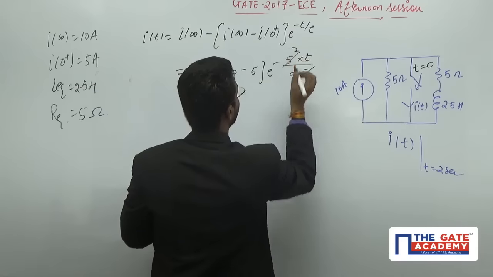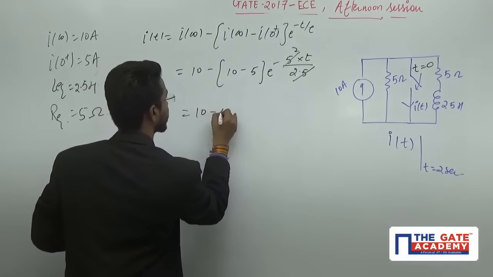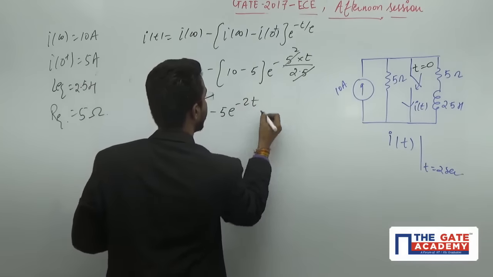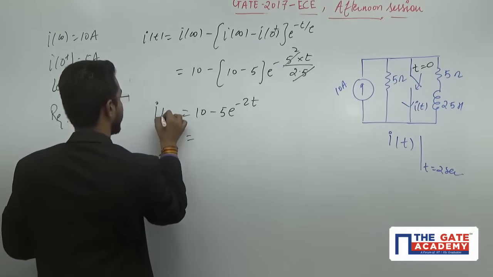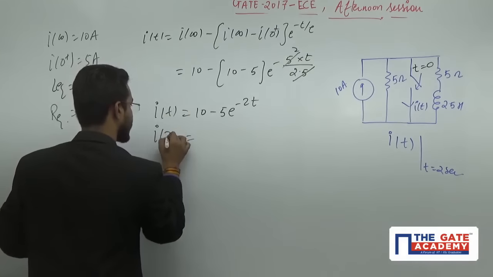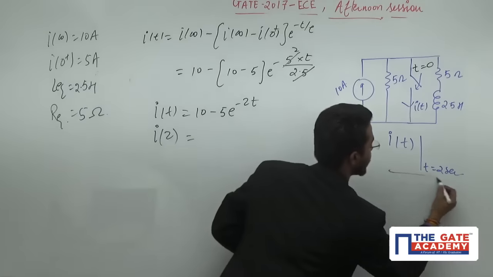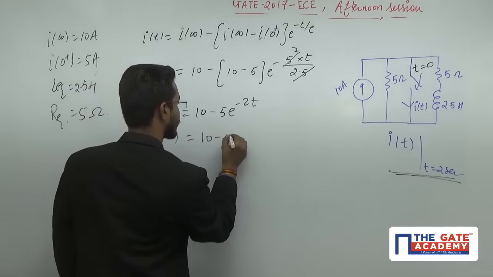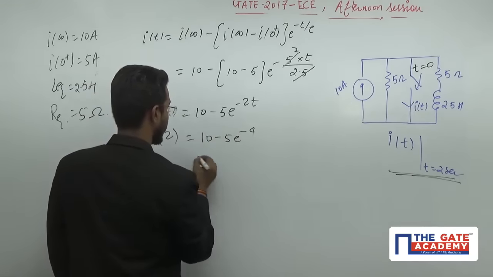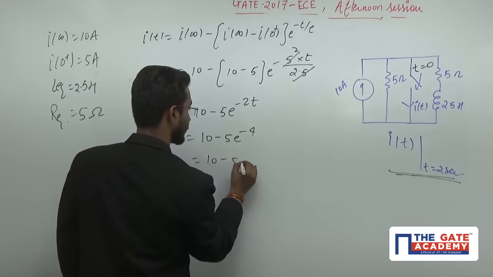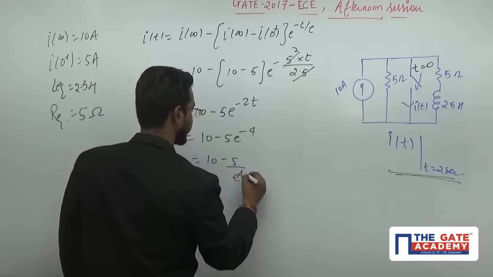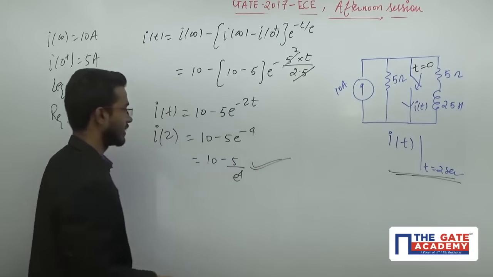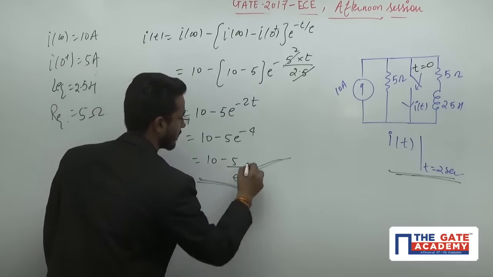This will cancel out to 2, and you will get 10 minus 5 e raised to minus 2t. This is the value of I of t, but they are interested only in I of 2, the I of t at t equals 2 seconds. That means 10 minus 5 e raised to minus 4. That means 10 minus 5 divided by e raised to 4. And this is your right answer. You have to calculate with the calculator and you will get this answer.